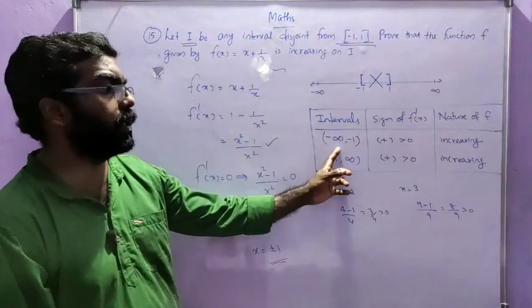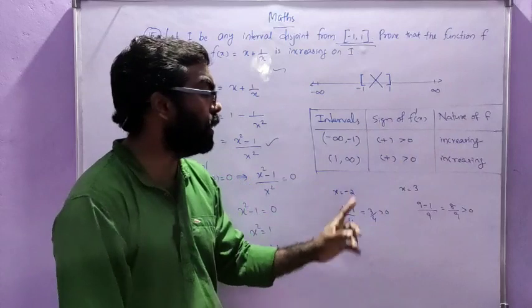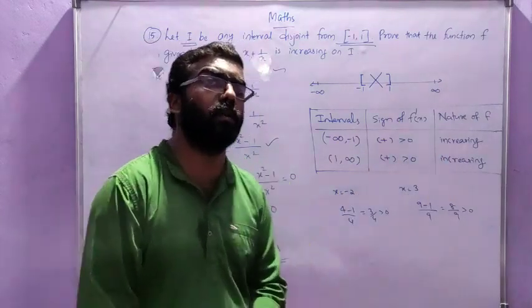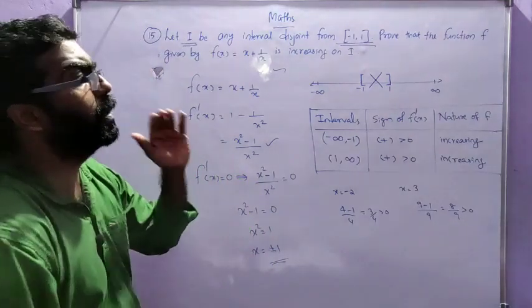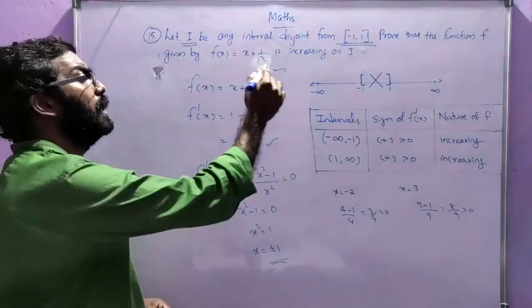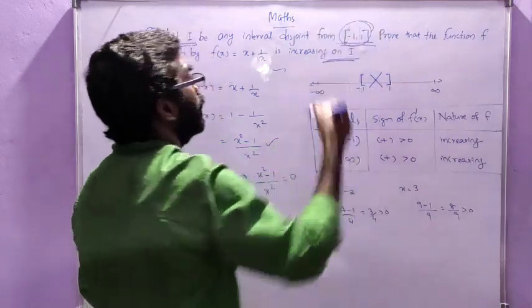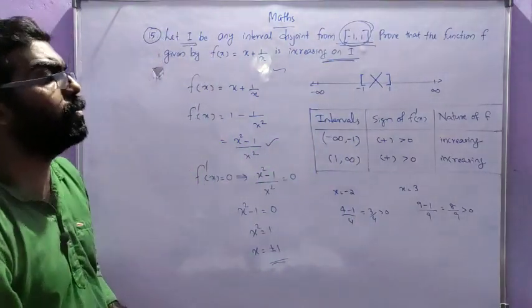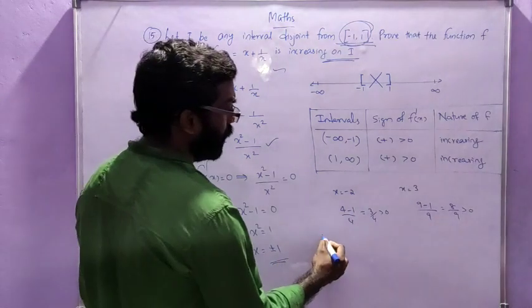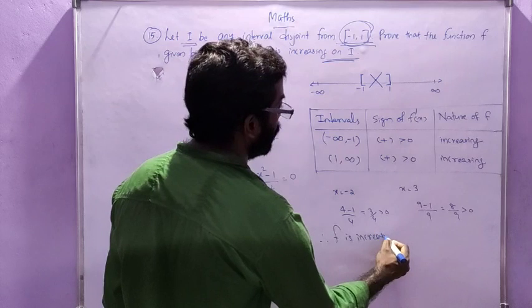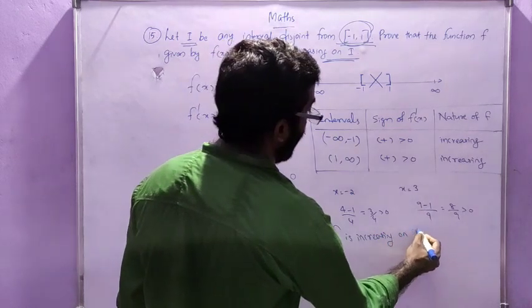So in minus infinity to minus 1, f is increasing, and in 1 comma infinity also f is increasing. So we can conclude the function f is increasing on I. I means the interval which is disjoint from the closed interval [-1, 1]. Therefore f is increasing on capital I.